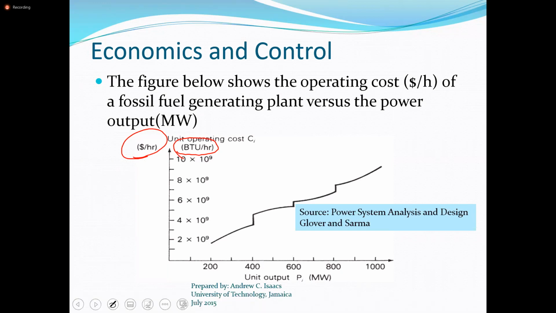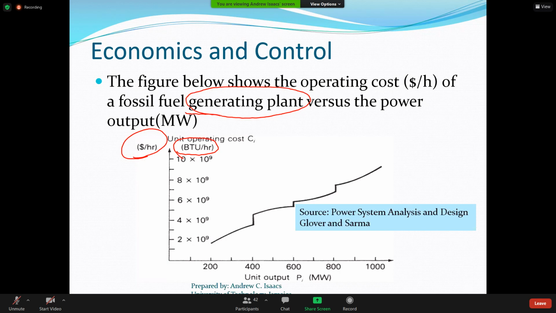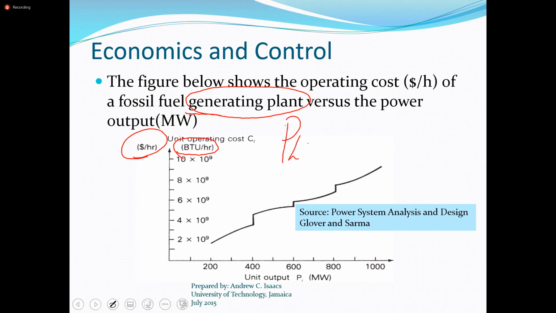Note here also that what we refer to is a generating plant, and I want to make the distinction between a plant versus a unit. A plant is a facility consisting of generating units.